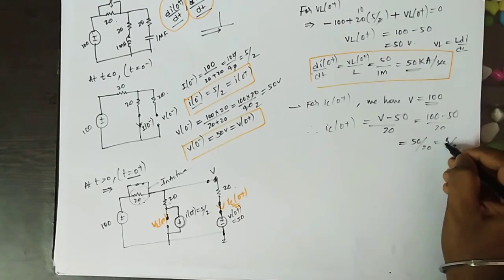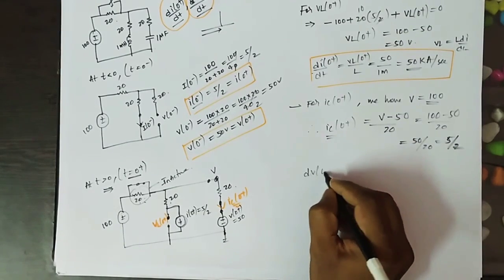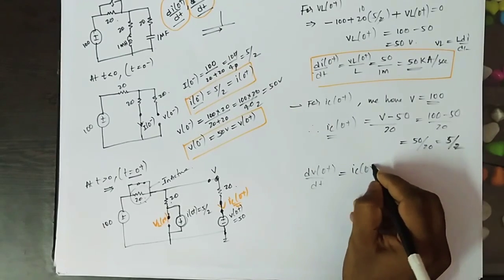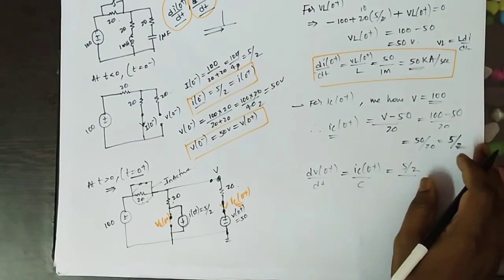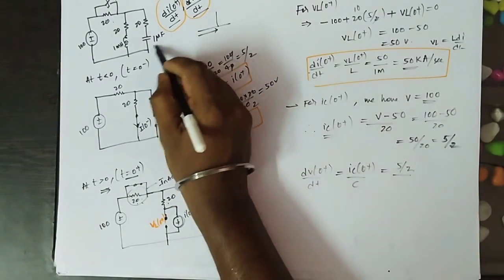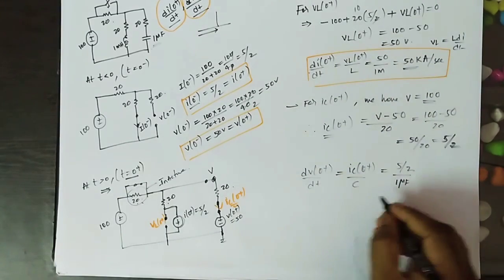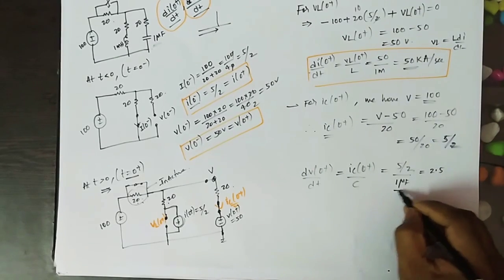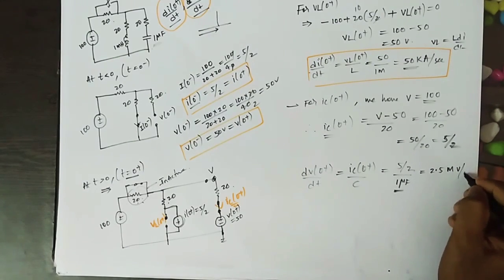After getting IC of 0 plus, directly dV of 0 plus by dt equals IC of 0 plus by C. This gives 5 by 2 by C, where C is 1 microfarad, so this gives you 2.5 mega volts per second.